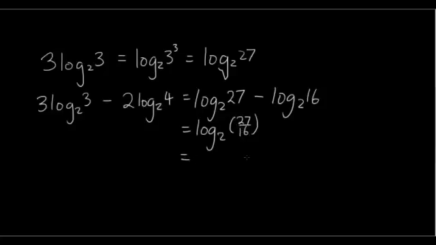And 27 over 16, you can't really simplify that into a whole number, but you can write it as a decimal, 1.6875 if you wish. Okay, so that's using the third log rule.